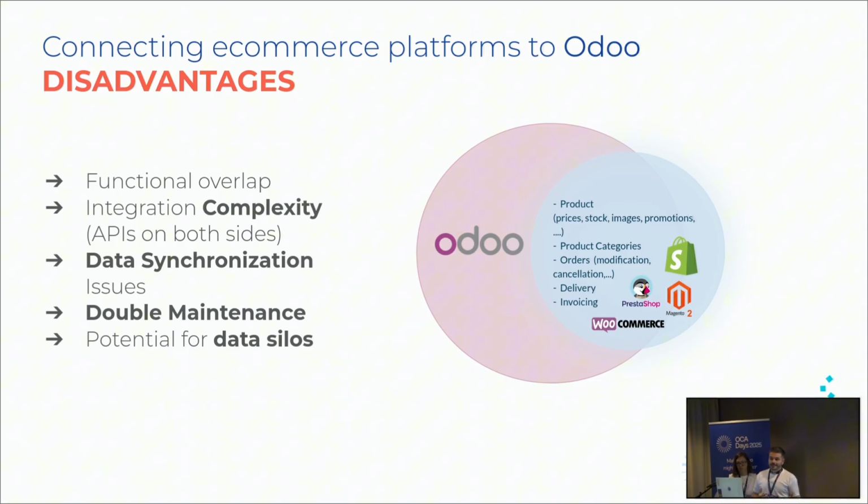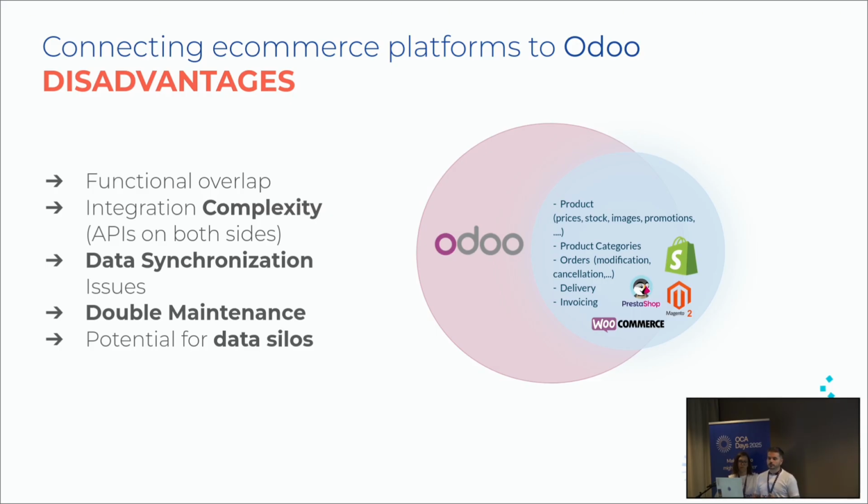And we have to maintain Odoo and the e-commerce at the same time. It's more work in this case, so it's a double maintenance issue. And finally, we have a data silo effect. For example, we can create some data for a specific action, for a marketing action in WooCommerce, and this data will be blocked, will be exclusive to WooCommerce.